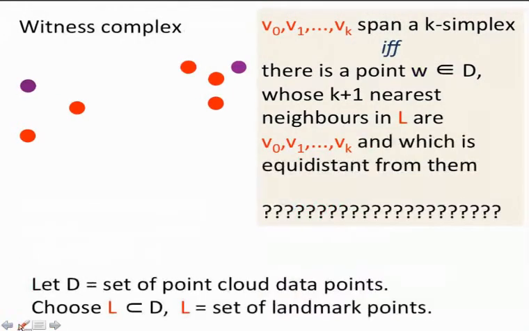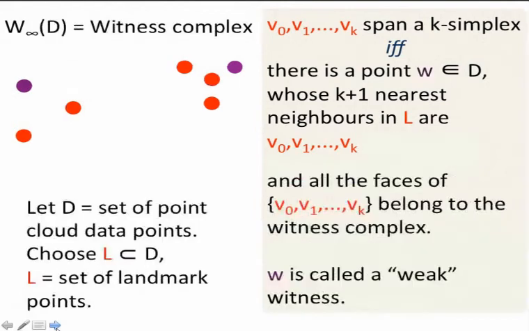So let's go ahead and cancel out this equidistance part. And just say, we will join it up if the k plus 1 nearest neighbors are this thing, and all the faces belong to the witness complex.